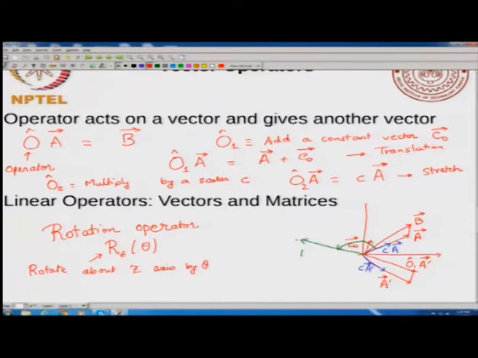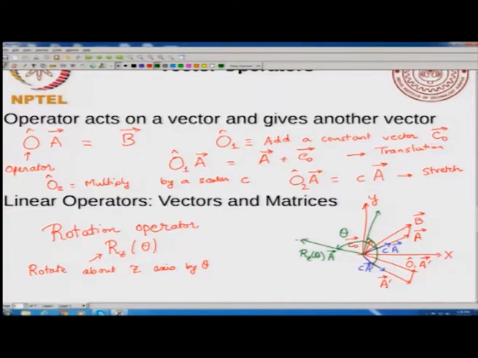So this is an example of a rotation operator, and you can see what it will do is, if this is my x and y plane, it will take this vector A and give you this green vector, which is rotated by this angle theta. So, R z of theta operated on A. Similarly, it will take this vector A prime and rotate it by theta and give you something like this.